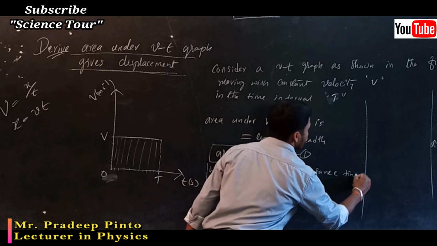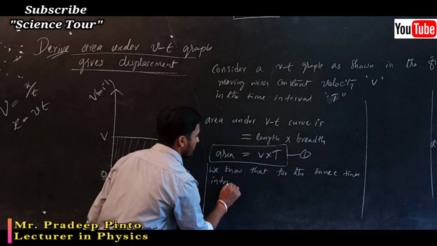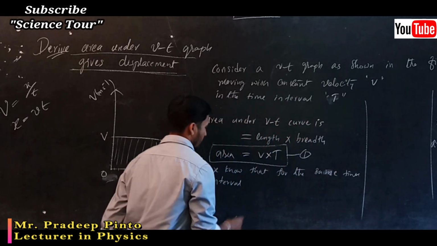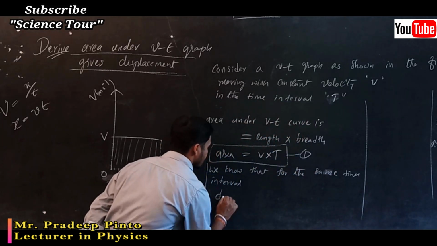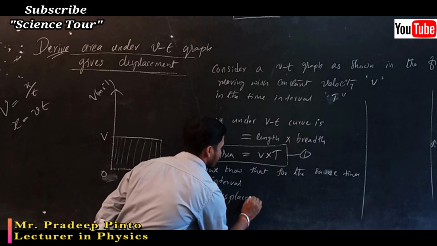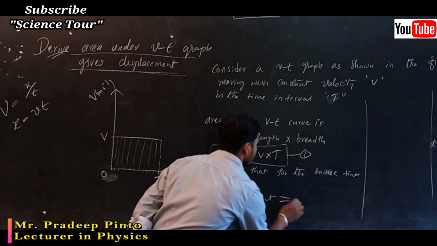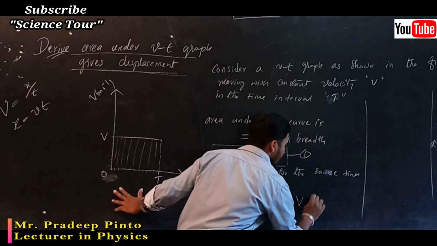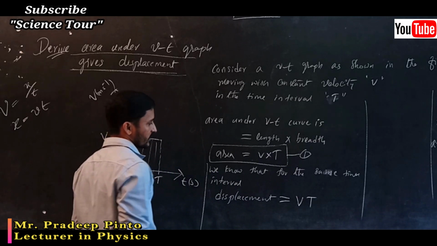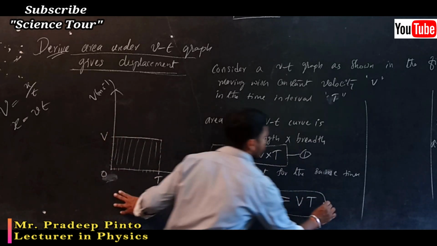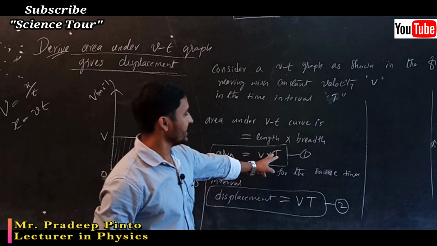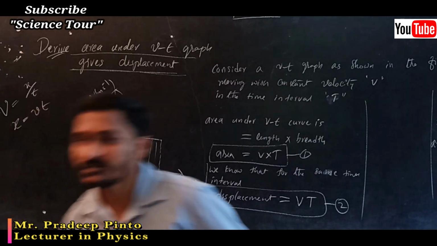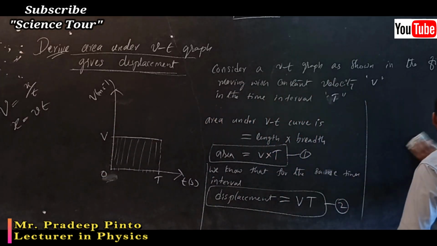For the same time interval, displacement is velocity times time. What is the velocity here? Constant velocity. What is the time here? This time interval. That is equation 2. The right hand side is the same, so the left hand side must be the same.